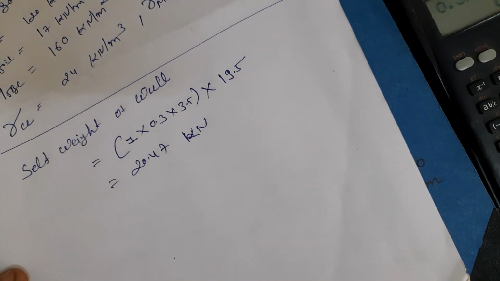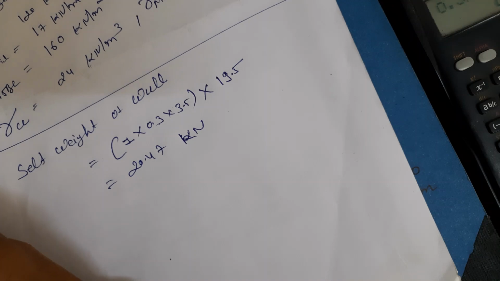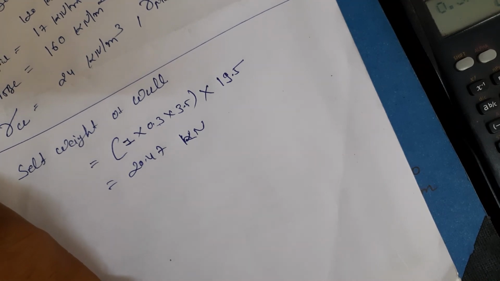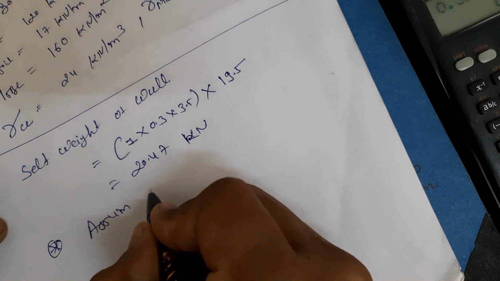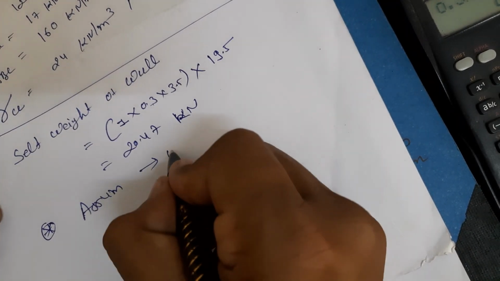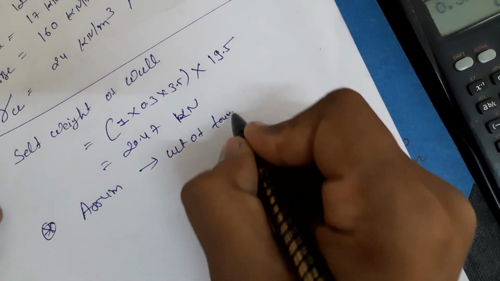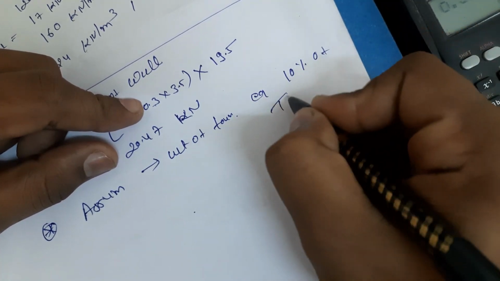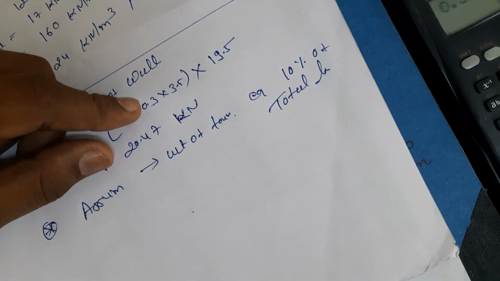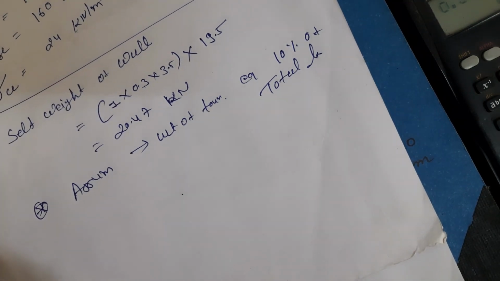Now the foundation also has its self weight. We find the self weight of the foundation, but we don't know the width and depth of the foundation. So for design we assume that the weight of the foundation is equal to 10% of the total load.